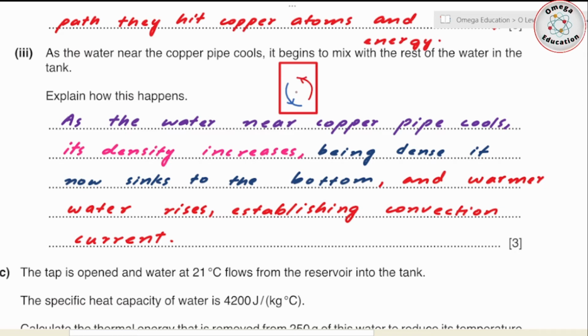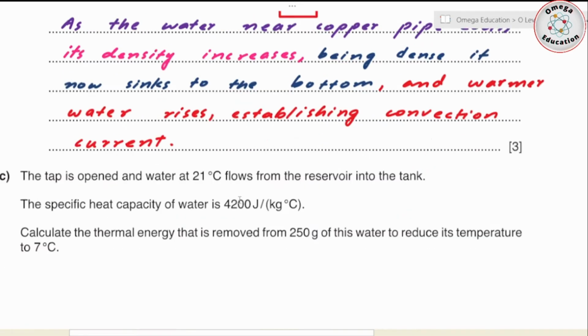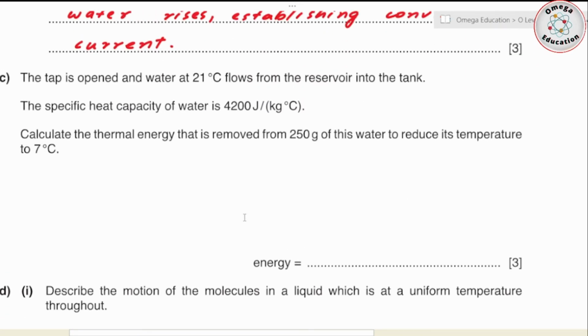Hot water is less dense, cold water is more dense, and that establishes a convection current. And once again, convection current can take place in the fluids, and the fluids include liquids as well as the gases. Then we have the next one.